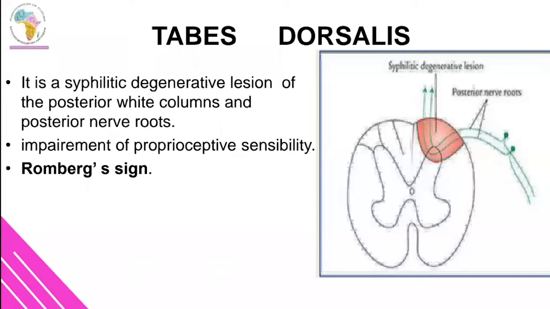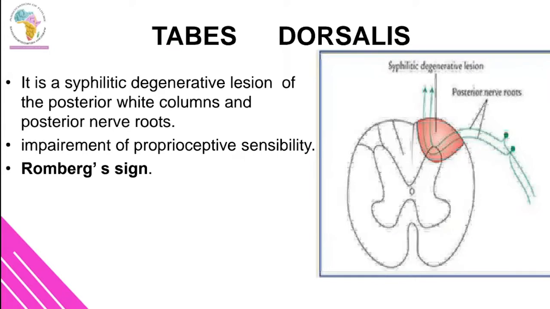The posterior aspect of the spinal cord, like in the diagram, carries sensory information for proprioception, vibration, and fine touch, and if there is degeneration of the neurons in this area, it leads to what they call Romberg's sign.